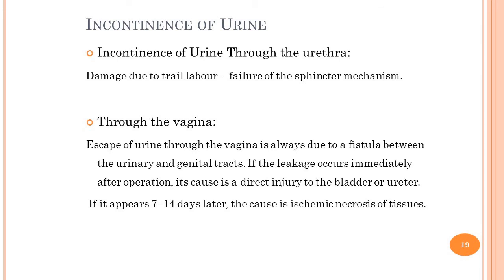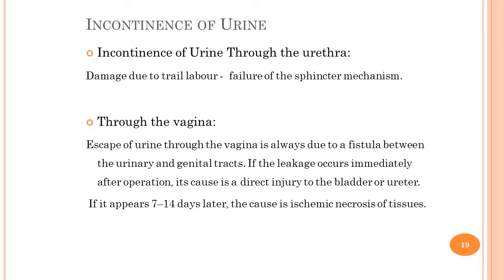Incontinence of urine is seen in cases where trial labor is prolonged. Prior to surgery, if a trial is given for normal labor, due to trauma to the urethra and the bladder base, there will be incontinence of urine during the postoperative period. If there is continuous trickling of urine from the vagina, then one must suspect vesicovaginal fistula.